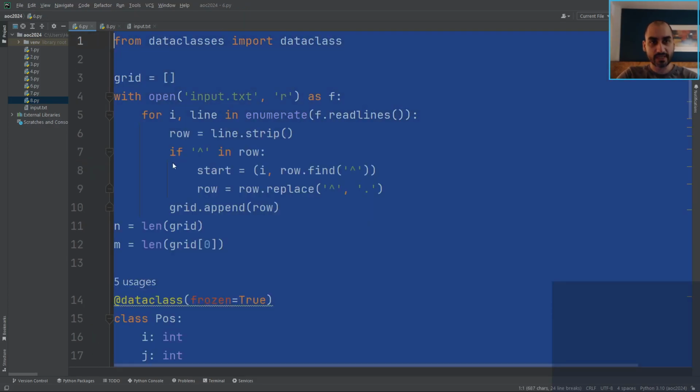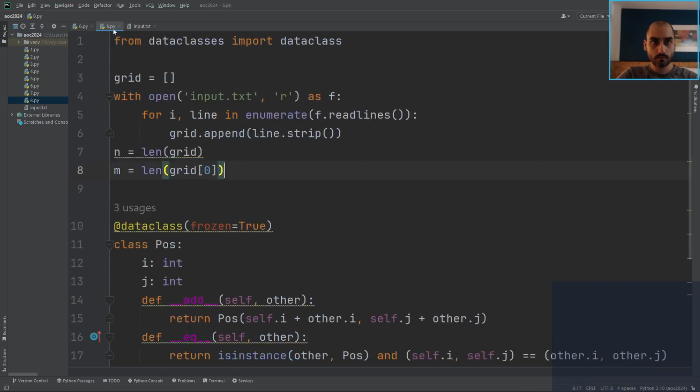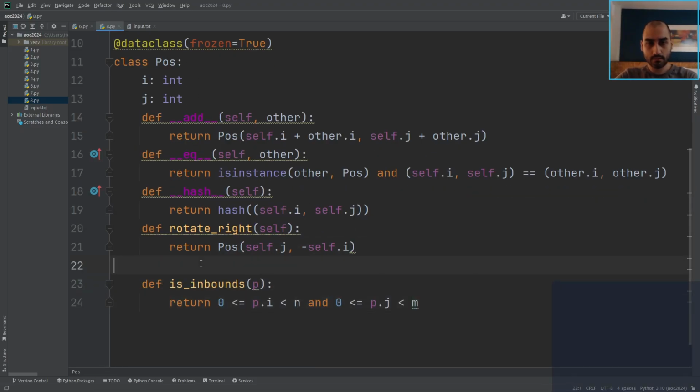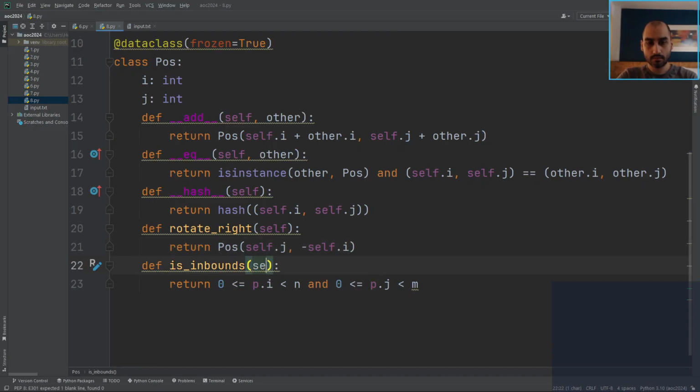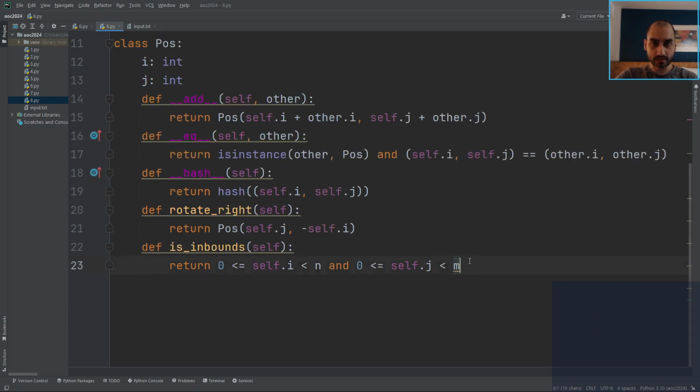We even want the isInbounds method. Should we make that a pos method? As long as n and m are global variables, I guess.